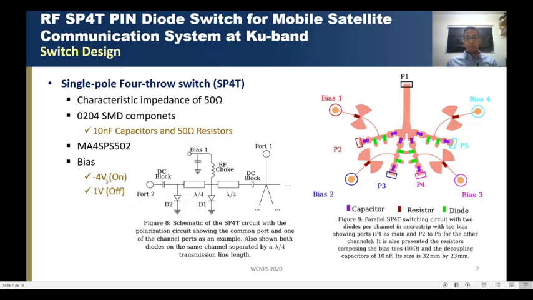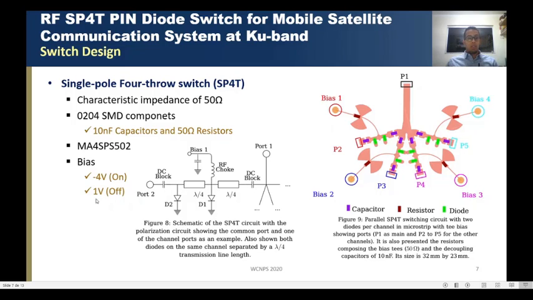Well, since the parallel is with an inverted logic, with a minus 4 volts, we have an on state on the port, so it means that the diodes are not conducting the signal, and it can go from port 1 to port 2.